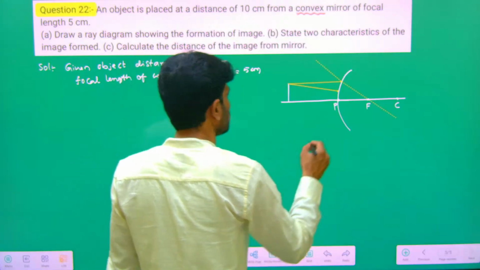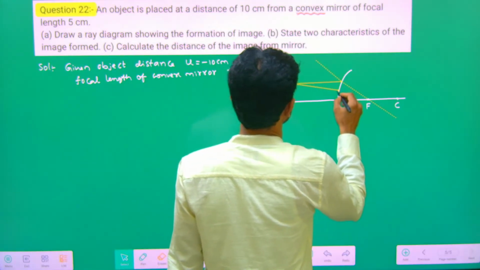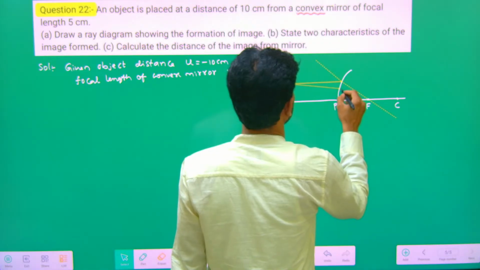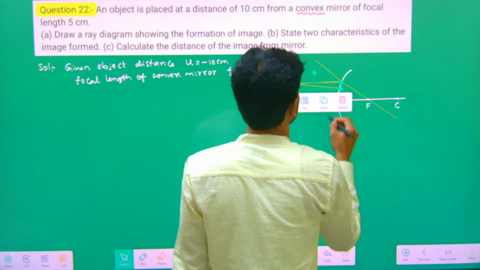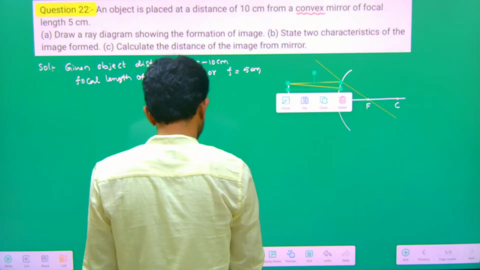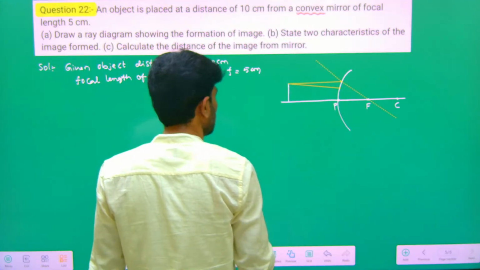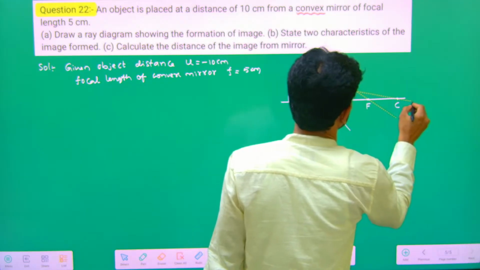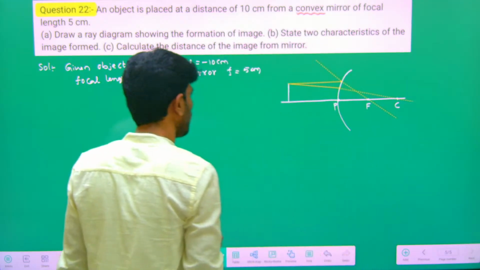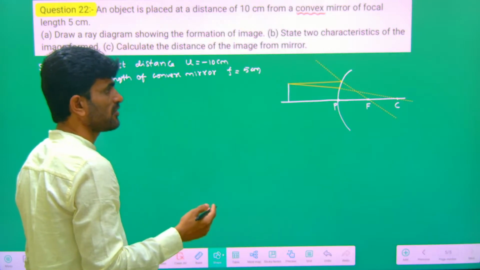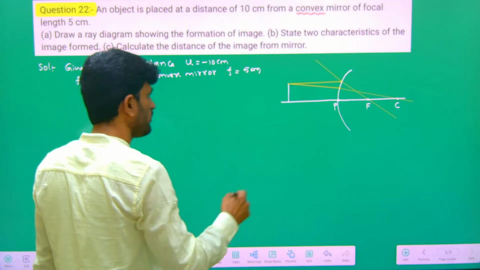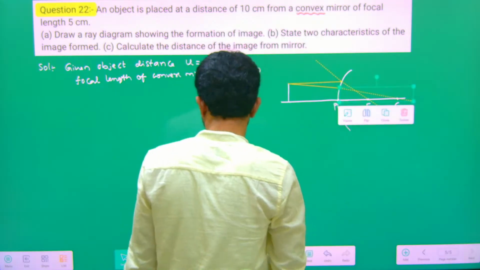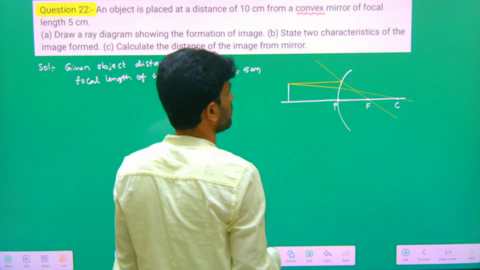So we can take like this, passing through center of curvature, then it extends like this. The ray which is passing through center of curvature will have no deviation if it goes the same way. So there will be no change in the path.